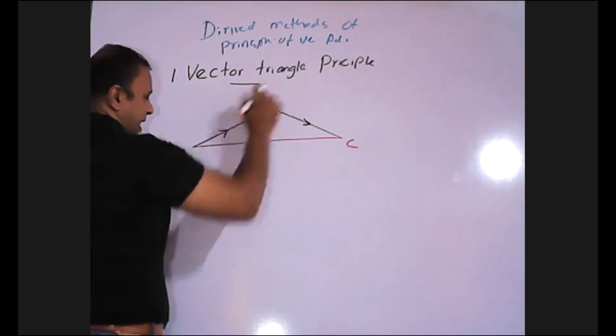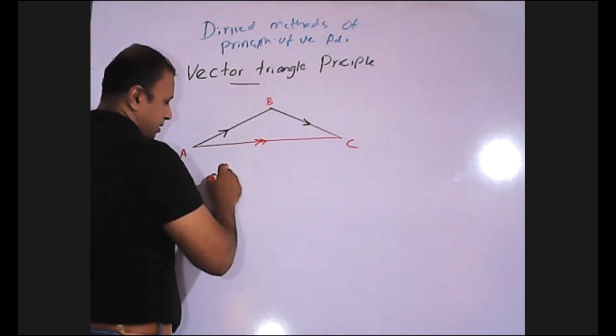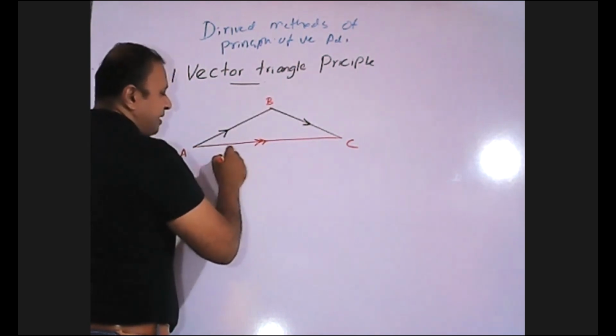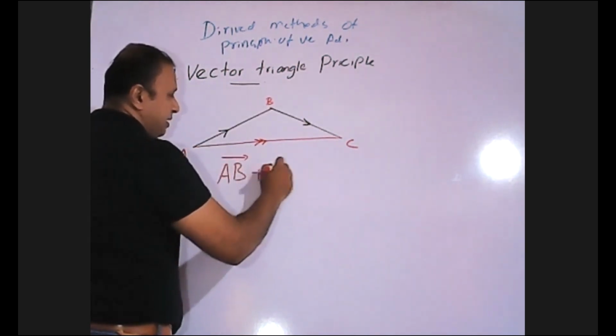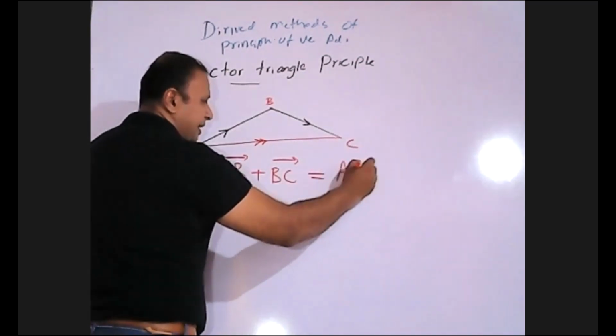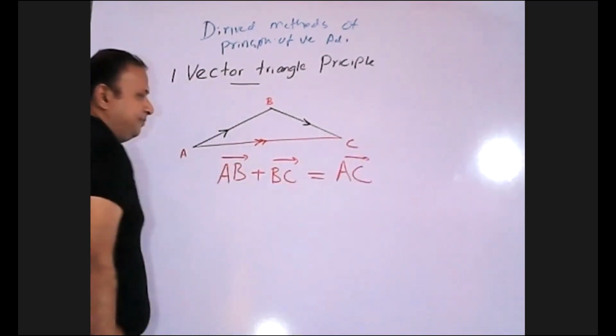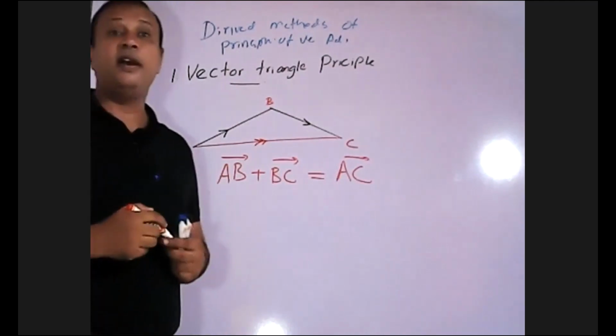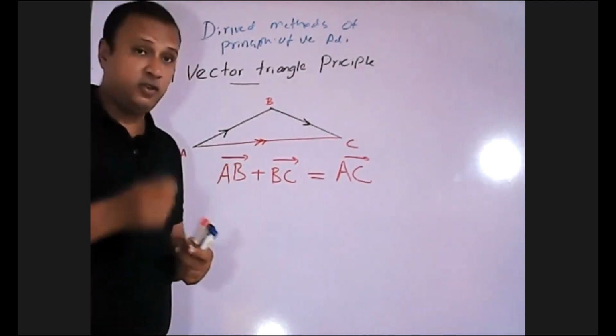That means if I add AB vector plus BC vector, I will have AC vector. That is the final equation.